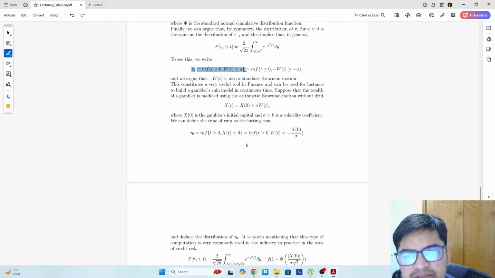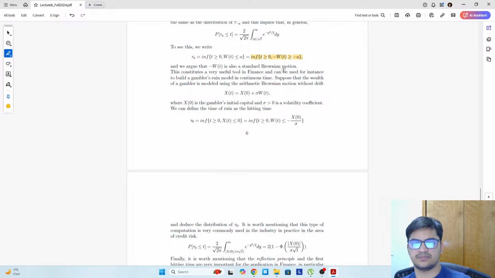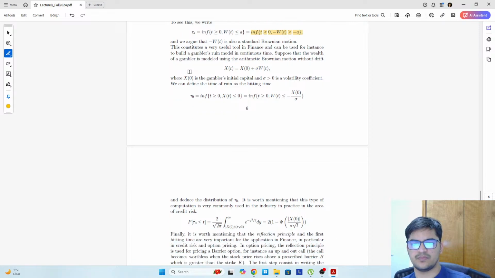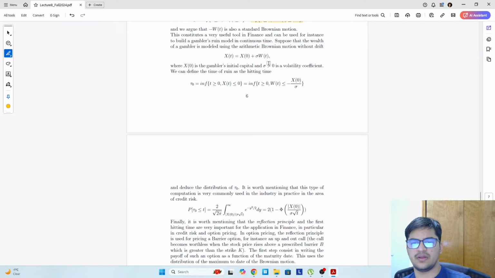So this is the result that we have obtained. It says the infimum over t greater than or equal to 0 of W_t greater than or equal to minus a. Suppose that the wealth of a gambler is modeled using arithmetic Brownian motion without drift.